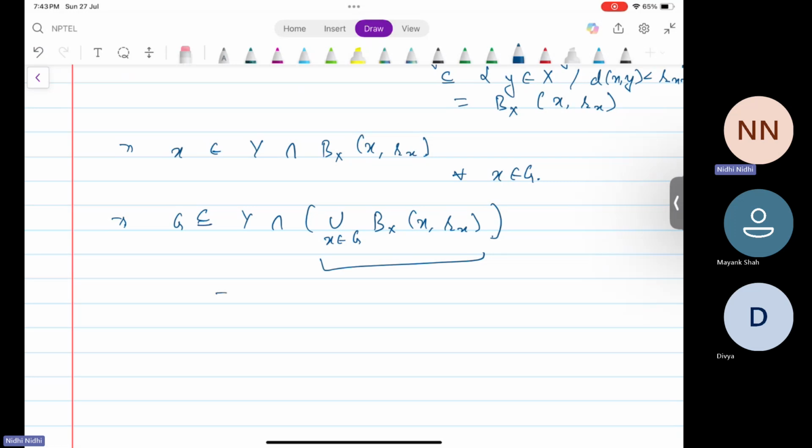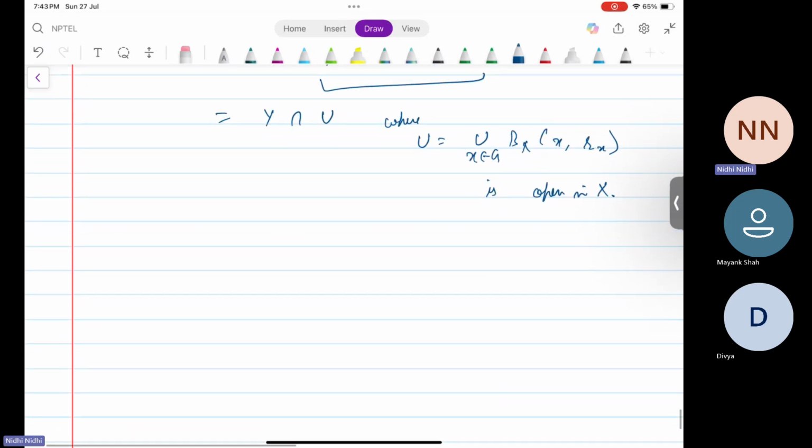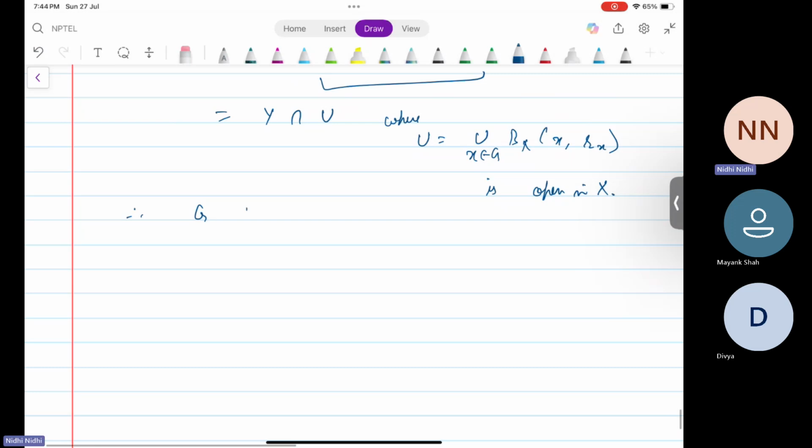I can write it as Y intersection U, where this U is an arbitrary union of open balls in X. So this is open in X. Therefore, we have G contained in Y intersection U.